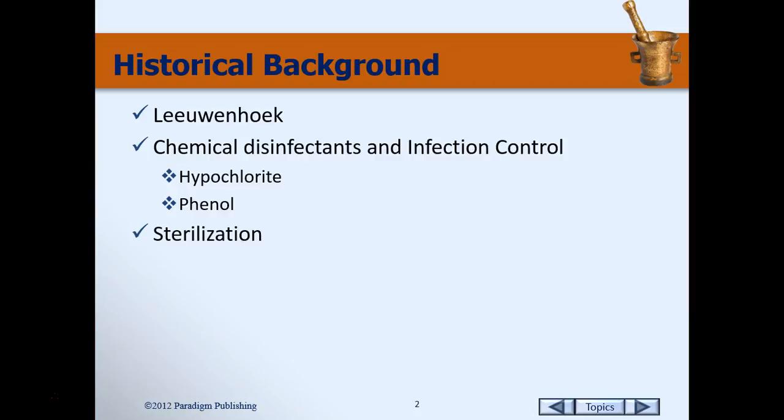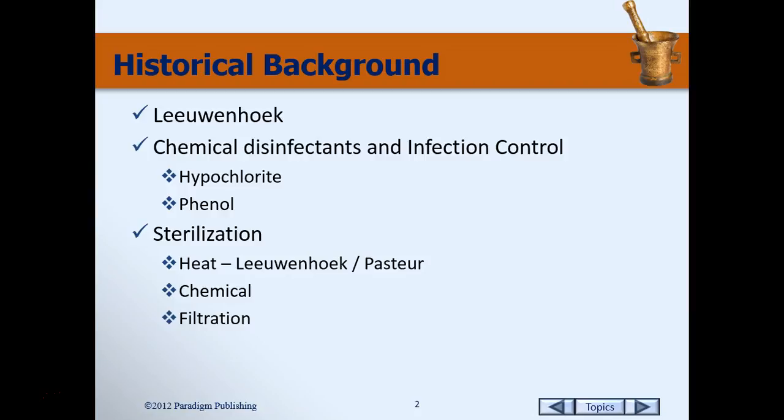Now, other ways to prevent infection include sterilization. So basically, sterilization can occur with three different ways. Heat, as was identified by Leeuwenhoek, and then also Pasteur with pasteurization. Chemical, using something like hypochlorite or phenol, would be chemical sterilization. And then we also have filtration.